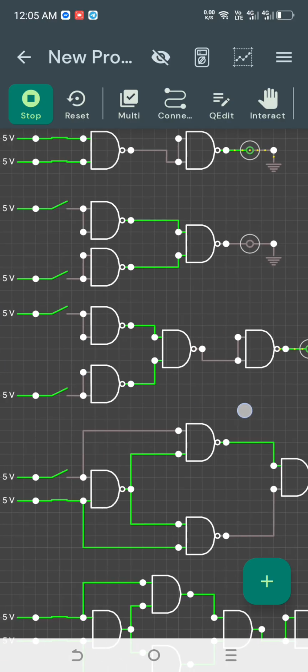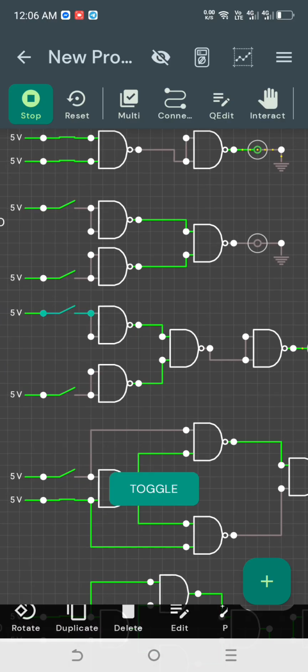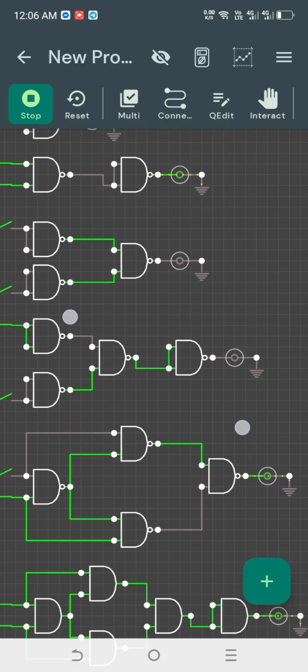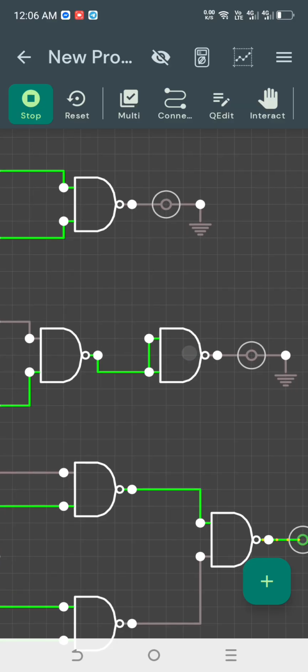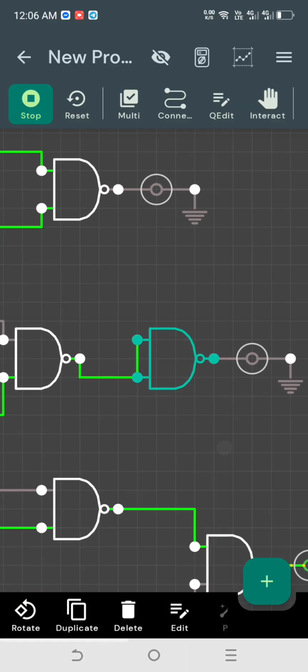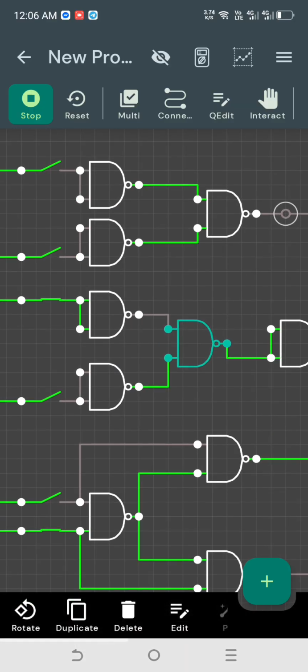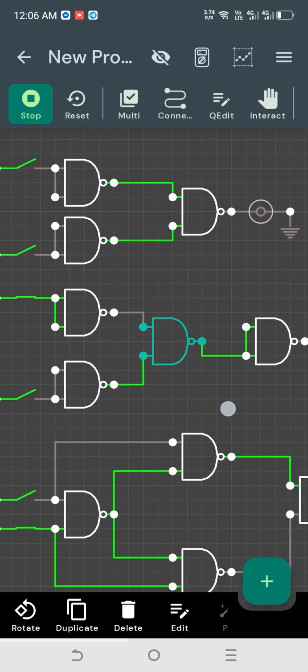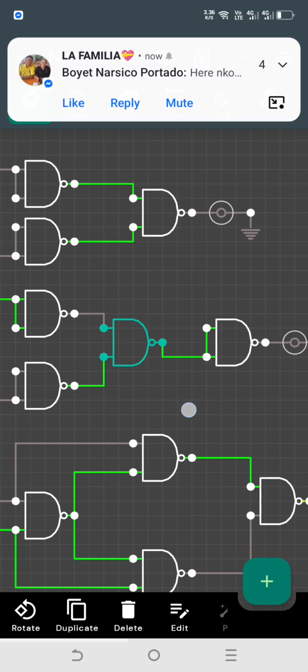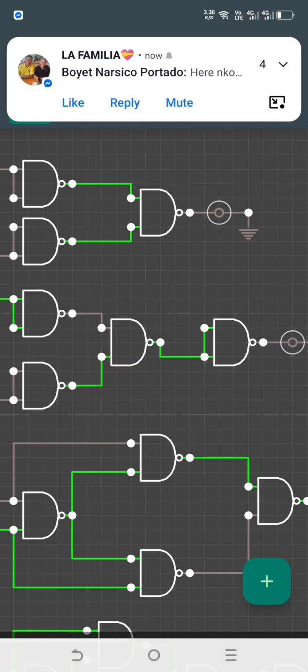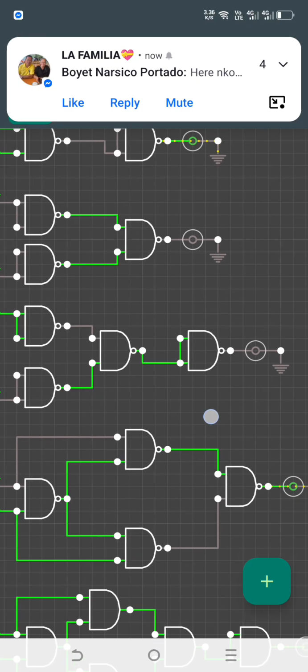Now if I turn one of them off, on, then it will not work, because in this part, 0 and 1, the output is 1 because of the NAND truth table.